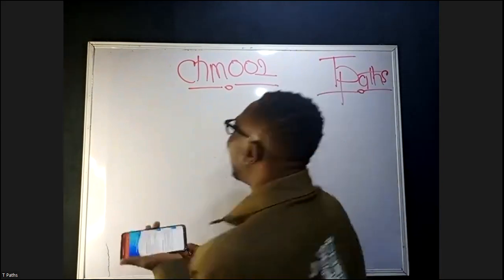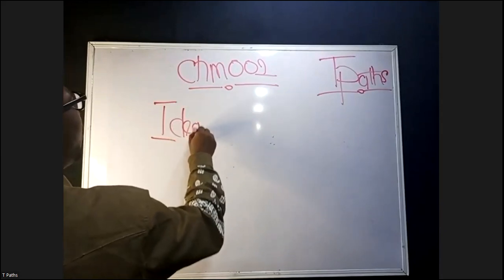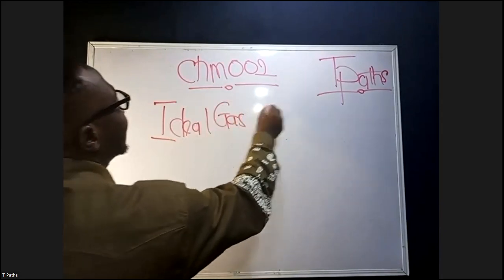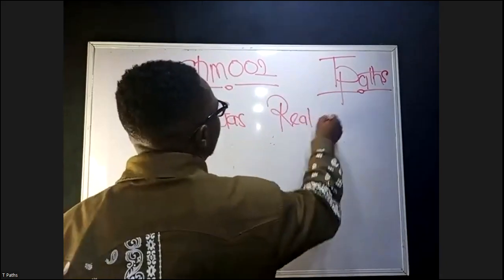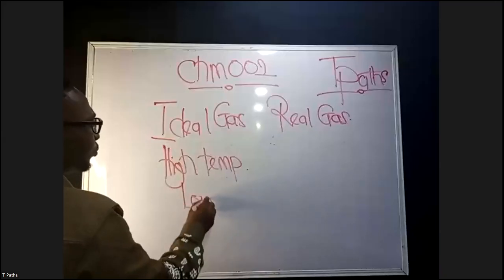Good question. We have what they call ideal gas, and we have what they call real gas. Now, in ideal gas, we believe that ideal gas exists at high temperature and low pressure.